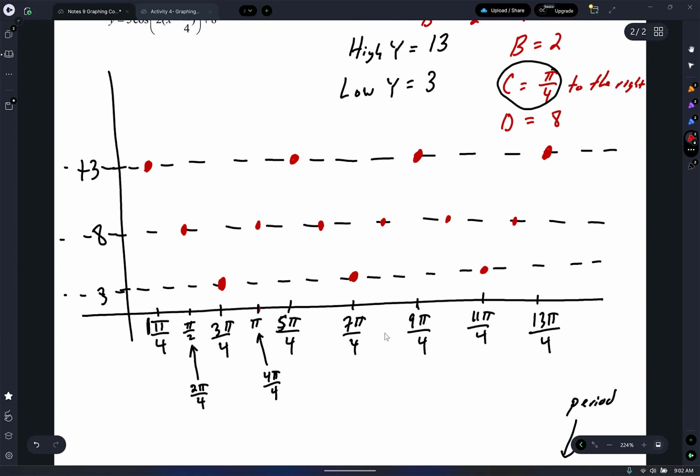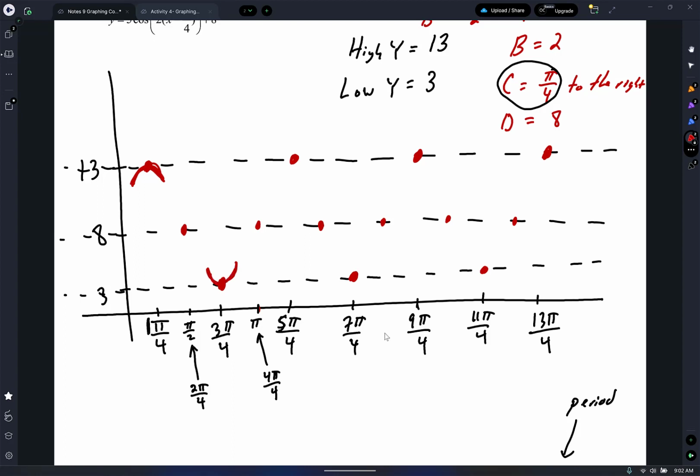Cool or not cool? Wherever you have a high, put an upside down bowl. Aim it towards your points of inflection. Wherever you have a low, put a bowl. What do I mean? This is what I call upside down bowls. It's a bowl. And wherever I have a low, a bowl.